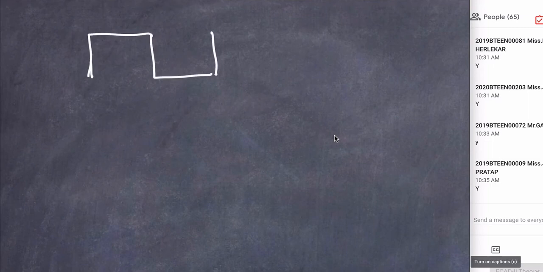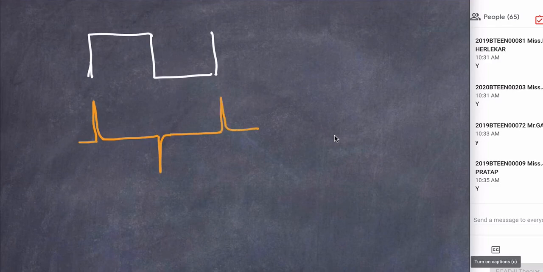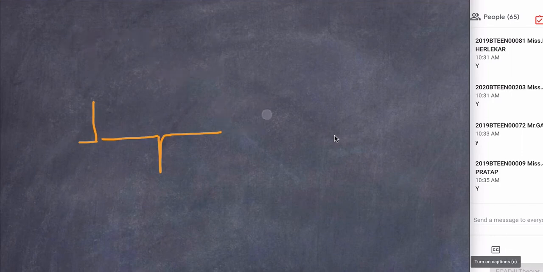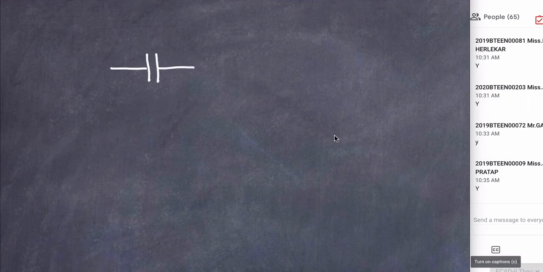The output will be like this. So this is what a differentiator is. Whenever we want to convert a square wave into spikes, we can use a differentiator. To implement this, we will use a similar circuit. The only thing is that instead of R1 we use a capacitor.